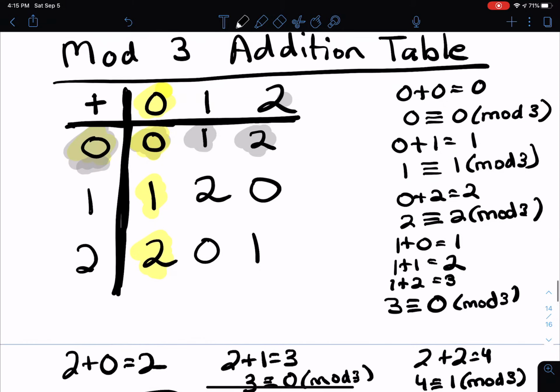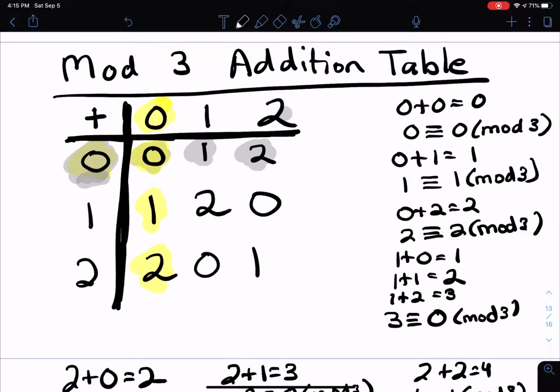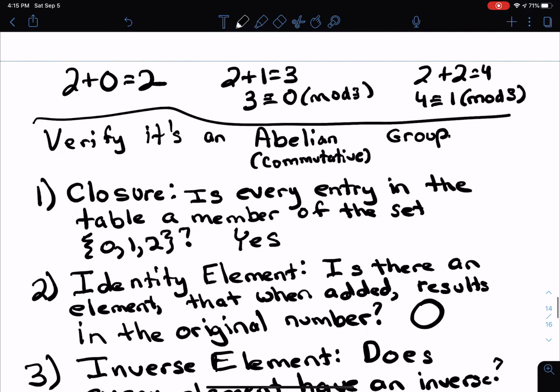So go back up to our chart. Well, in this case, 0 is its own inverse, because 0 plus 0 is 0. So we got that.